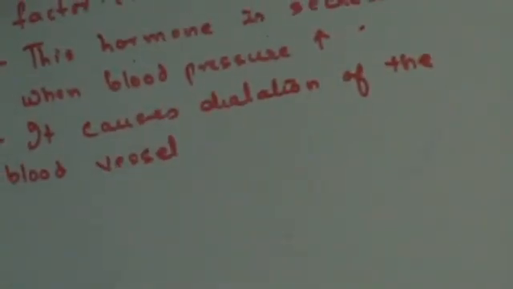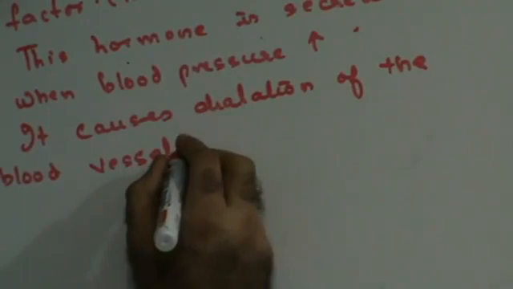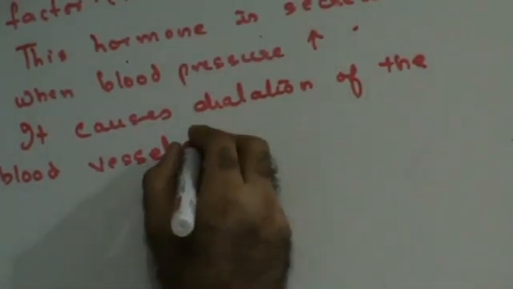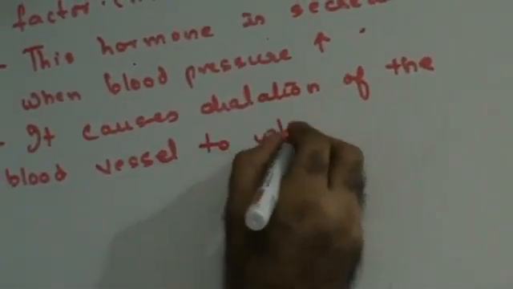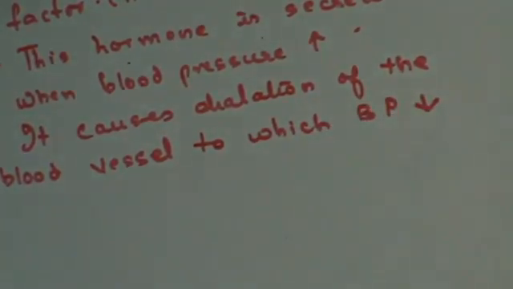It causes dilation of the blood vessel. Now, if there's a dilation of the blood vessel, what will happen? Automatically, the blood pressure will decrease. So that was the hormone of the heart, atrial natriuretic factor.